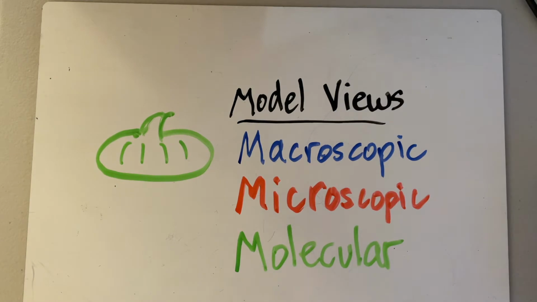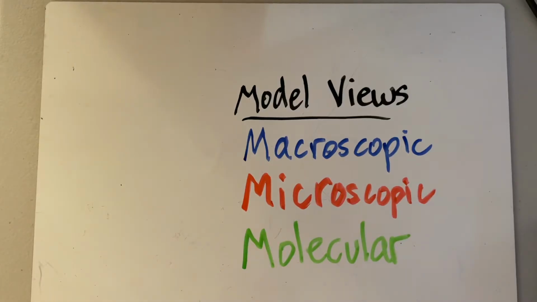But a microscopic view of an onion would have to show the cells that are in the onion. Here's a microscopic photograph showing the cells in an onion. If I draw a microscopic view of an onion, I have to show the cells.